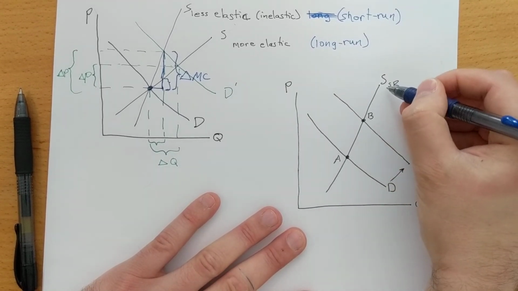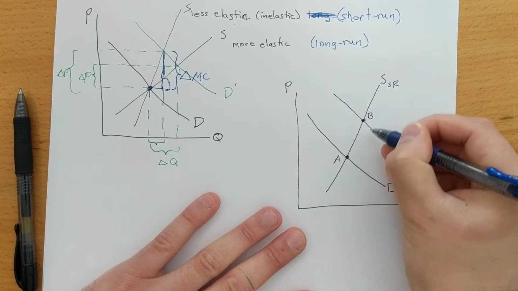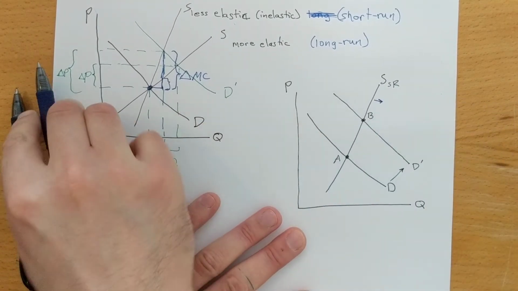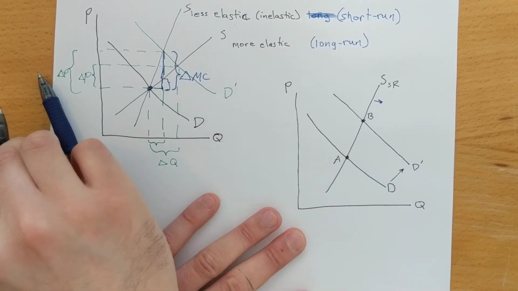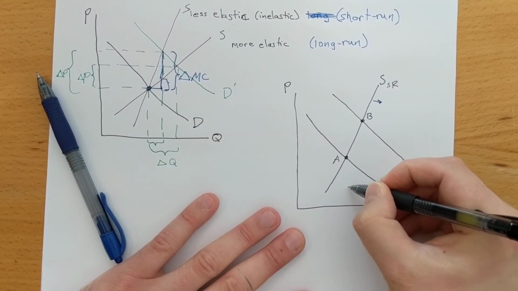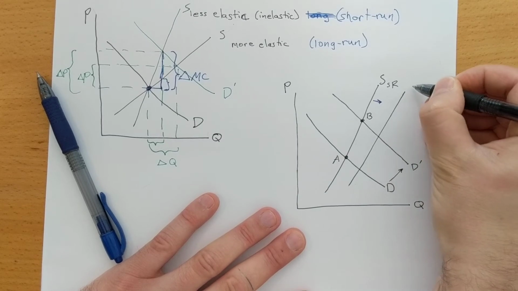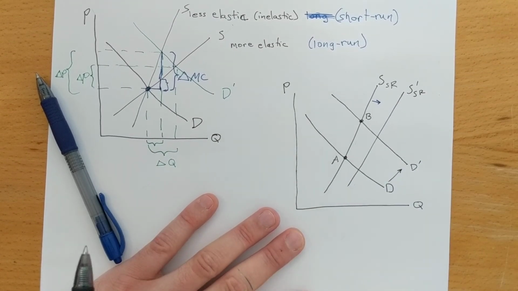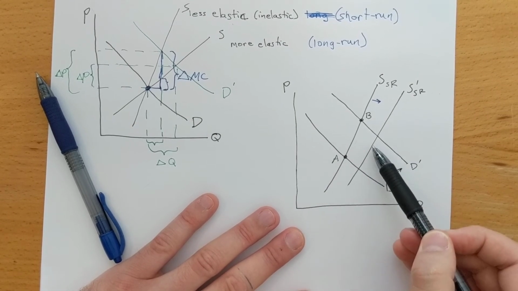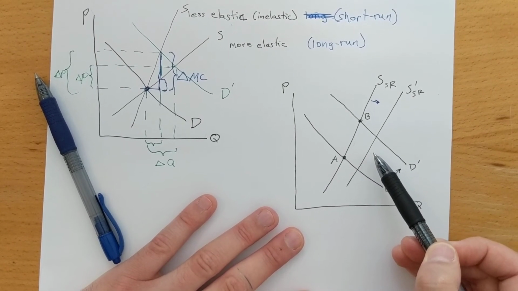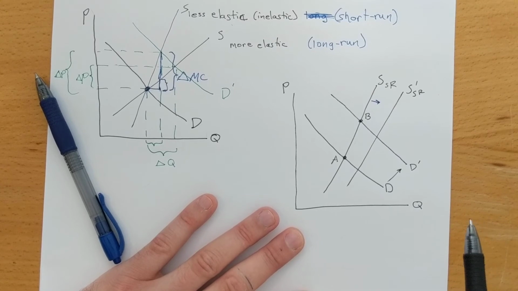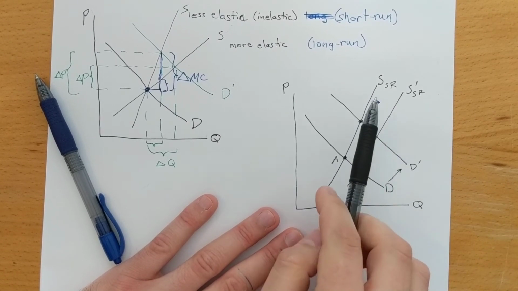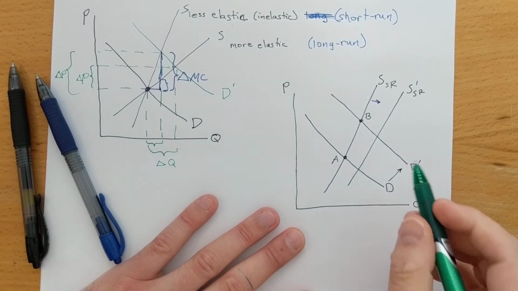And it's like our short run supply curve actually moves out this way to a new short run supply curve. I know that what I'm saying is essentially that when demand shifts, that shifts supply. And this is one of the two cases where that kind of makes sense. But in general, that's not true. But it is true when we're thinking about the short run versus long run supply.